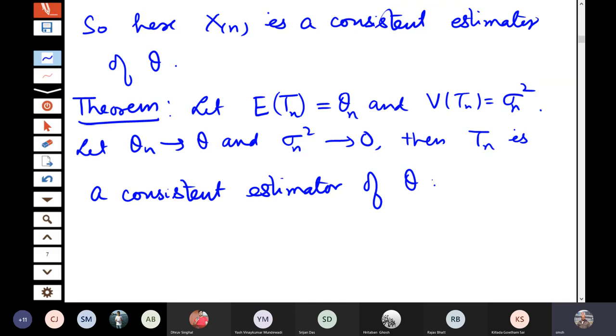What does it mean? In the long run, the estimator is unbiased. That means the expectation of Tn is theta n, but theta n converges to theta. That means if the sample size increases, the estimator becomes almost unbiased and the variability becomes less and less. The variance of Tn goes to 0.